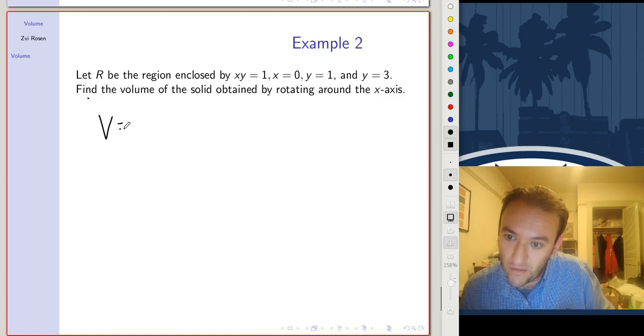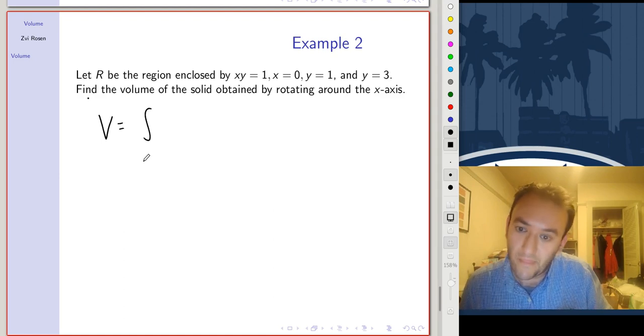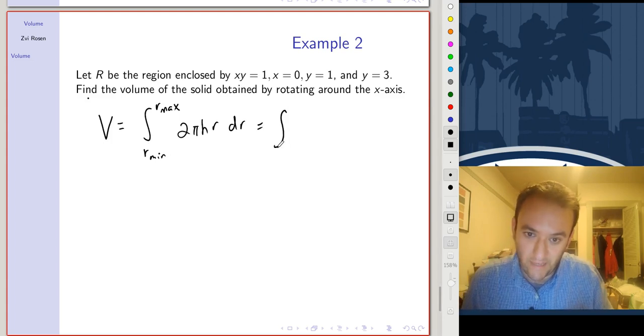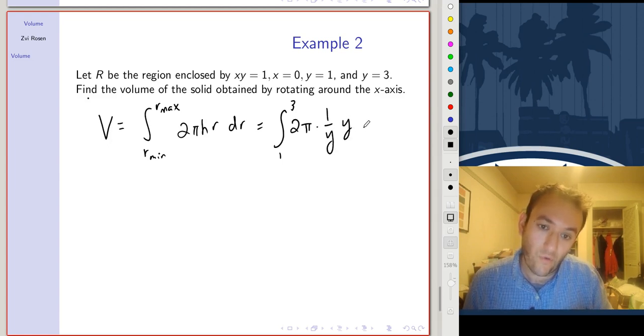V equals the integral from r min to r max of 2 pi HR dr. And in our case, that's from 1 to 3 of 2 pi times 1 over y dy.